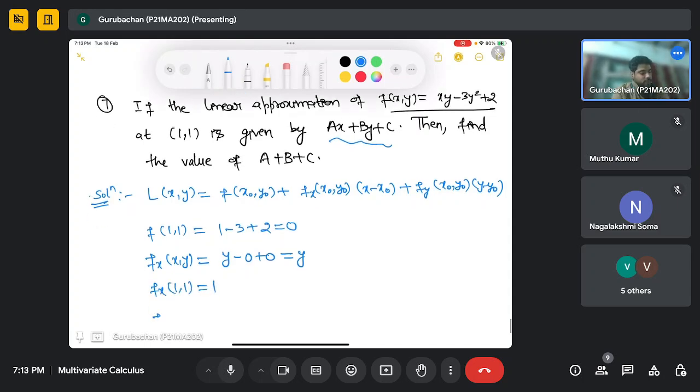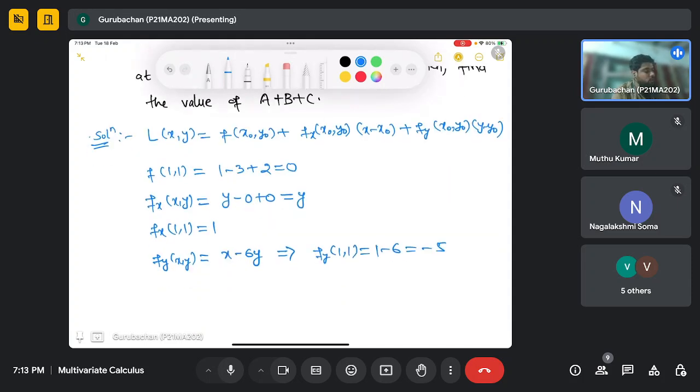Now f_y at (1,1) will be equal to x minus 6y, sorry, here xy. Now you will put (1,1). This will give you 1 minus 6, which is minus 5. So put these values in the above linearization.